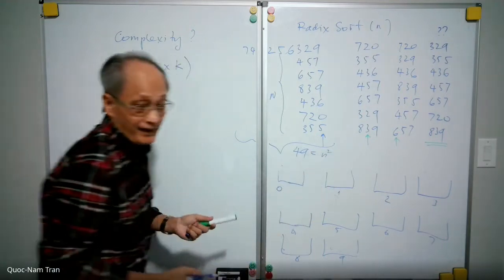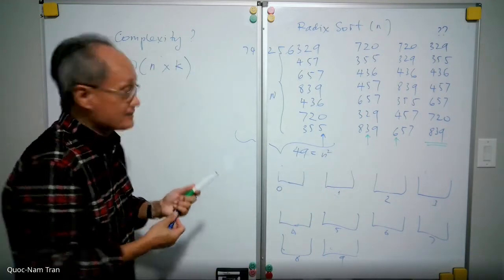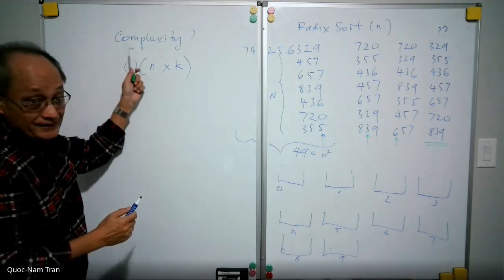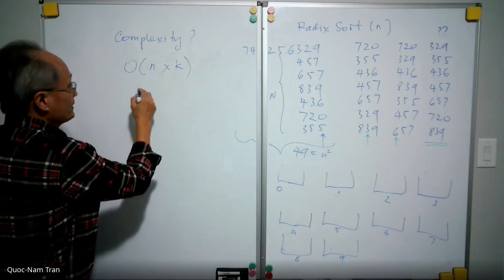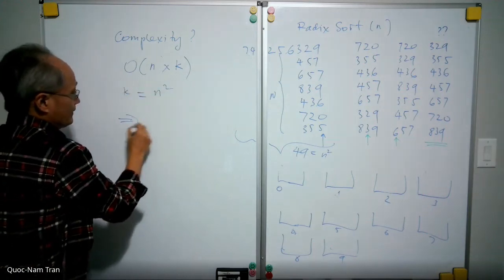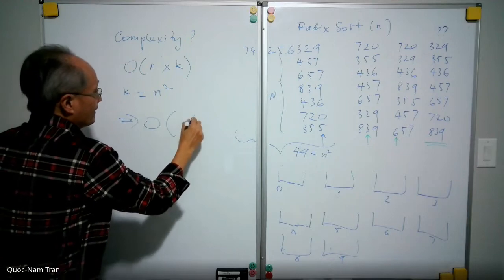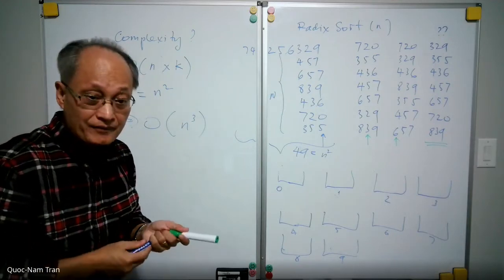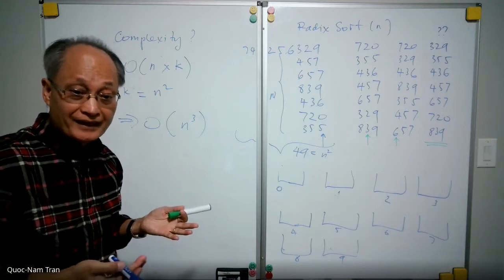Or n squared. In that situation, the complexity of the radix sort will be n cubed instead of n log n like we have for quicksort or merge sort, right?